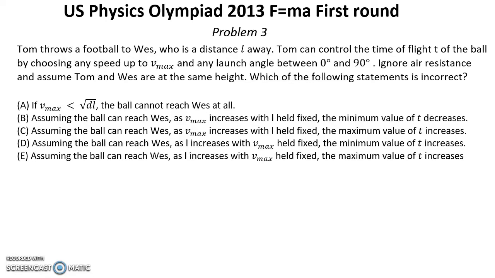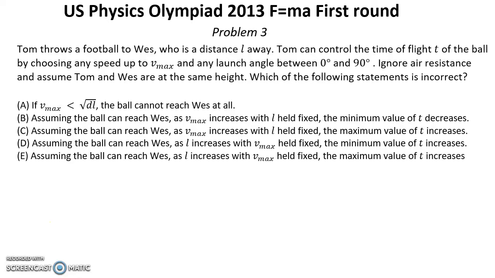D. Assuming the ball can reach Wes, as L increases with V maximum held fixed, the maximum value of T increases. E. Assuming the ball can reach Wes, as L increases with V maximum held fixed, the maximum value of T increases.